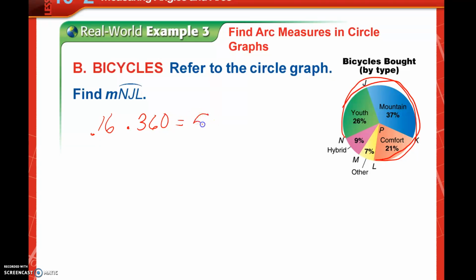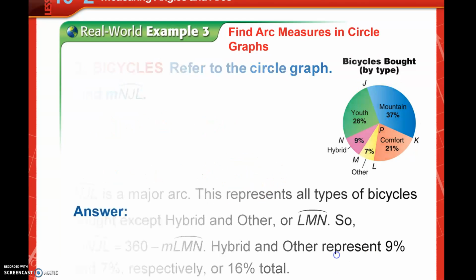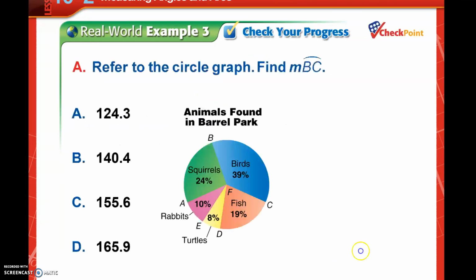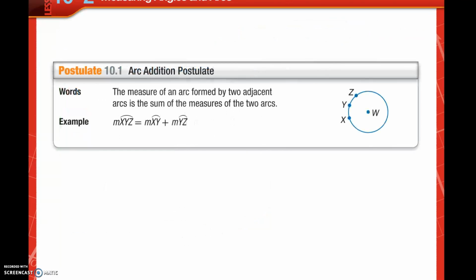So we get 57.6, and then I'm going to subtract that from 360, because this angle has to be 360 minus that. 302.4. And I'm going to let you go ahead and work those out. And we're going to go to the next part.